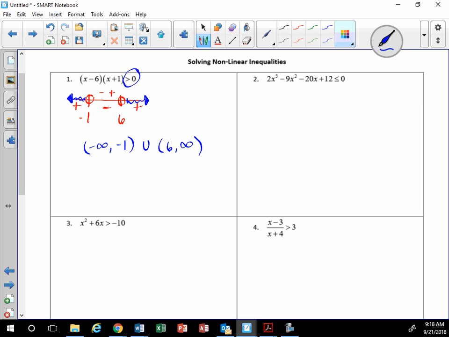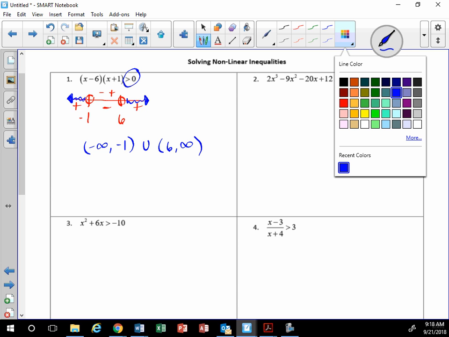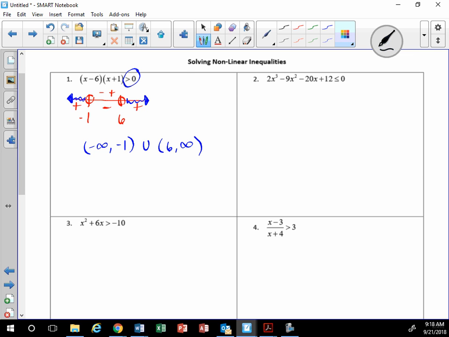Okay. Let's try this again. We're not going to use the problem here. Let's do a new one. Let's do x plus 3 squared times x minus 1 times x minus 5 cubed.